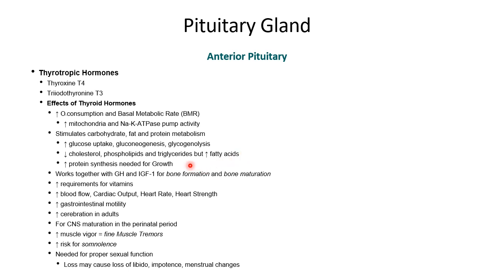Your thyroid hormone will also stimulate protein synthesis, which is needed for growth. Your thyroid hormone works together with growth hormone and insulin-like growth factor 1 to stimulate bone formation and bone maturation.